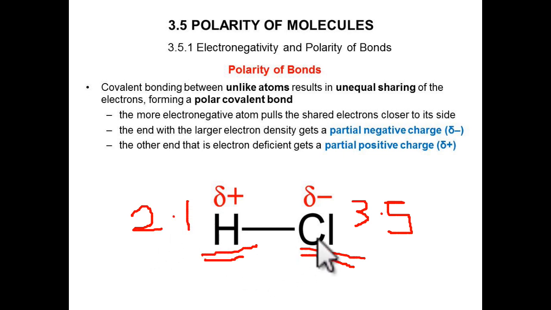So guys, the difference in electronegativity between chlorine and hydrogen will be 3.5 minus 2.1, and you simply get 1.4. So guys, what does this 1.4 tell us?